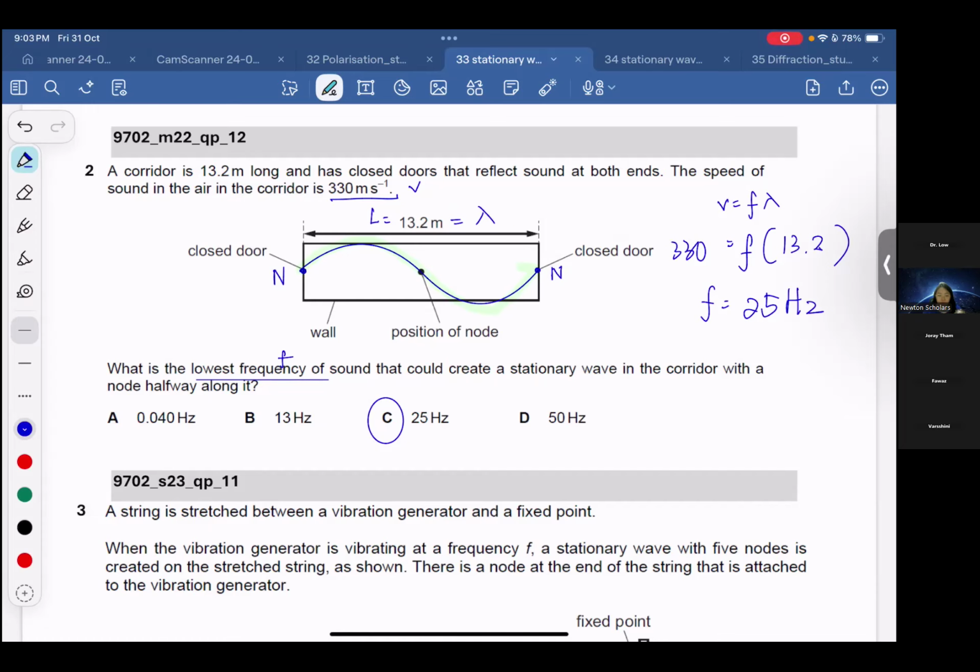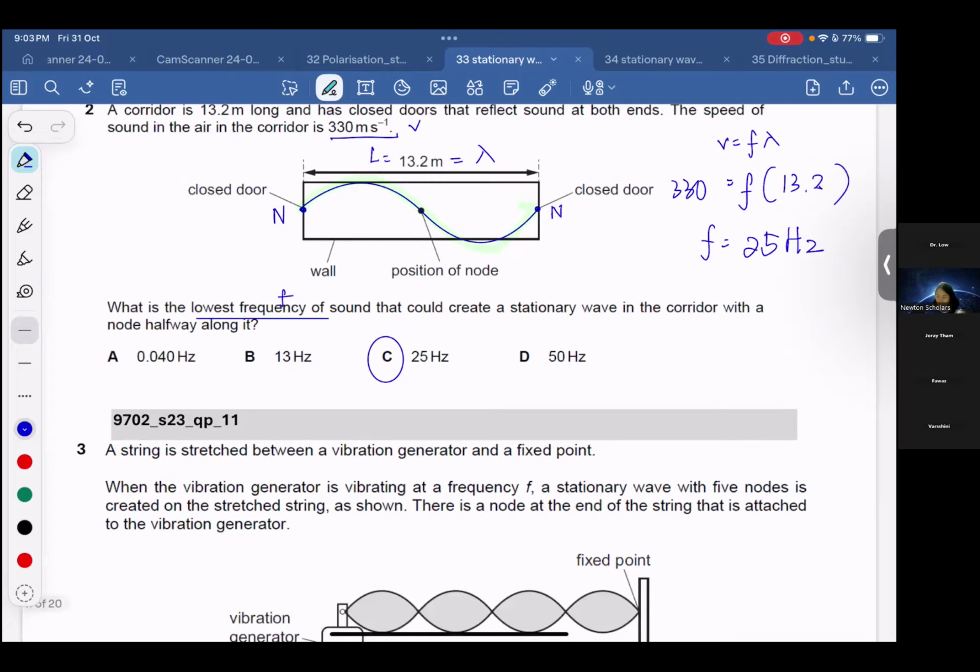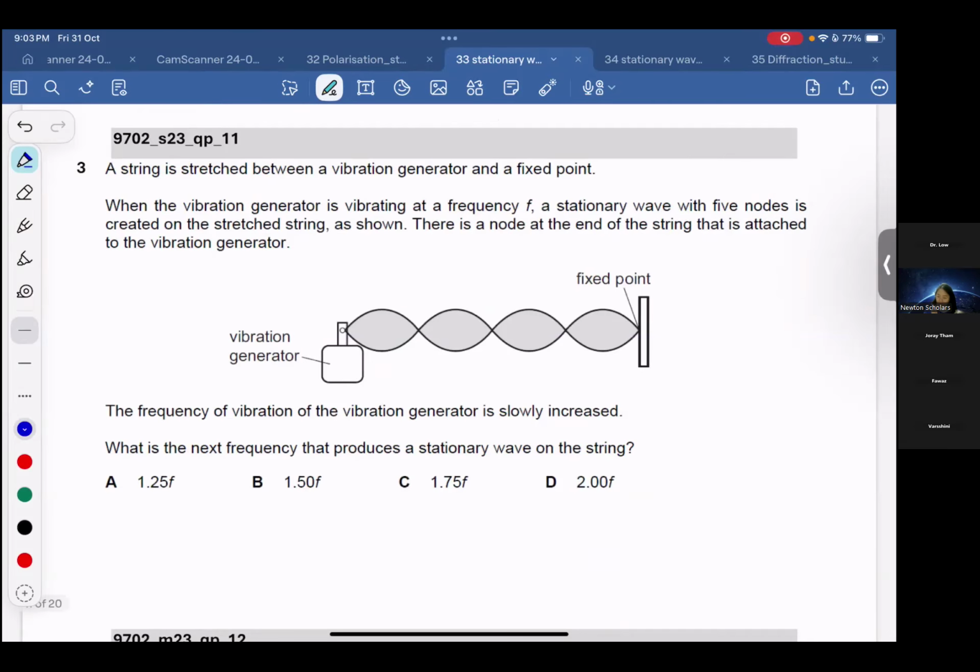Can I go? Question number 3 is a little bit challenging, but we can try. A vibration generator moves up and down. When the vibration generator is vibrating at a frequency f, a stationary wave with 5 nodes is created on the stretched string. Where are the 5 nodes? 1, 2, 3, 4, 5.